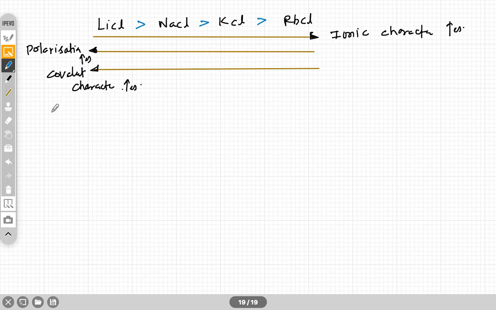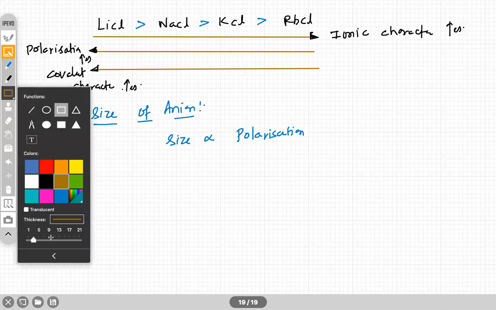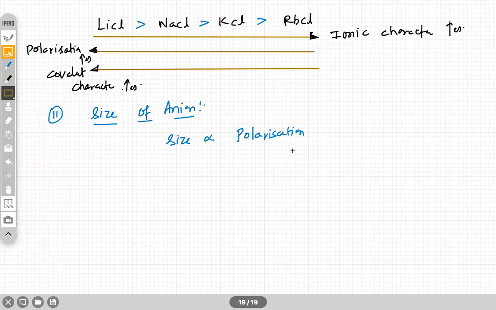Similarly, the second factor we have is the size of anion. It is opposite of the previous one. As the size of anion increases, the distance between the positive charge ion, that is cation, and anion decreases, and hence polarization increases.